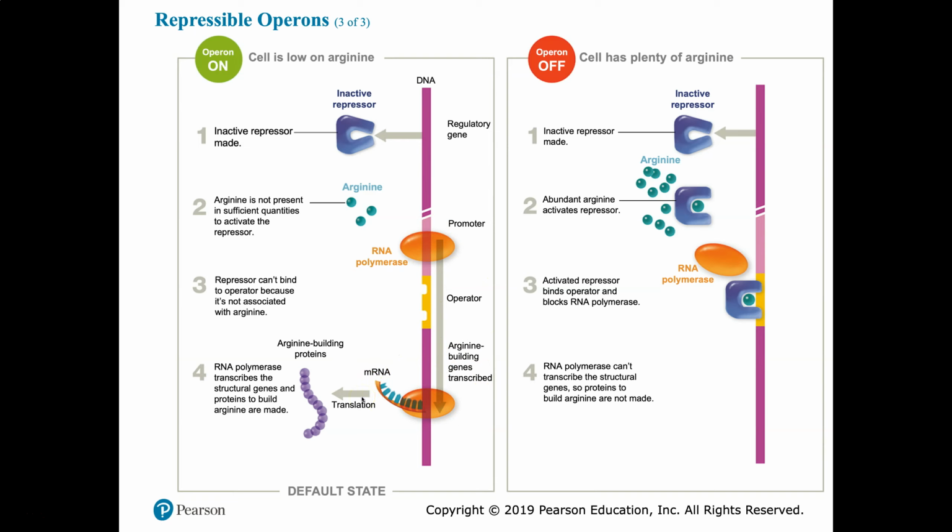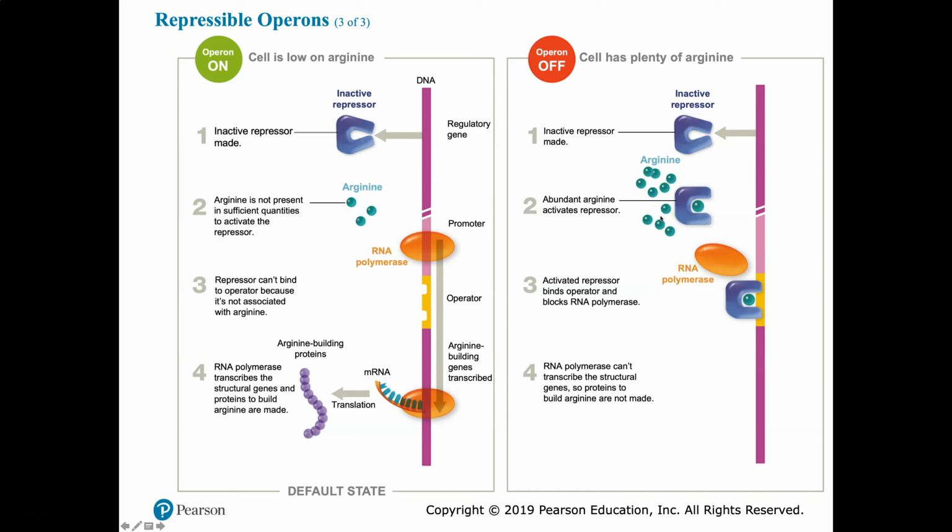But eventually, when there's too much arginine, like over here on the right, the arginine will trigger a repressor protein to activate. The repressor protein will bind to a very specific region called the operator region, and it blocks the polymerase from transcribing those genes. So it's physically blocking the polymerase. Now, the cell has to use the stores of arginine until they get really low.